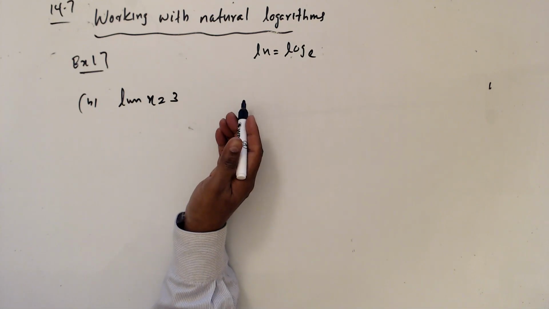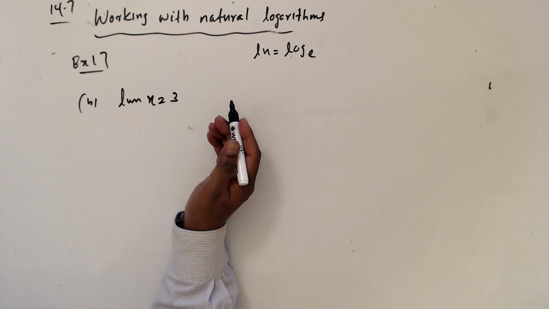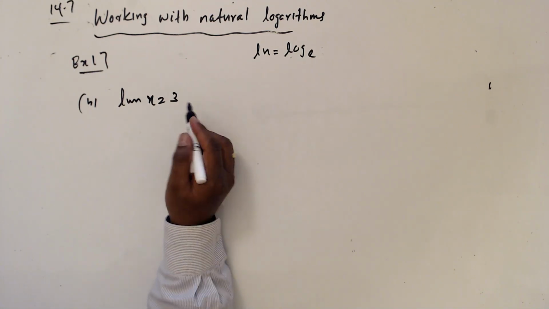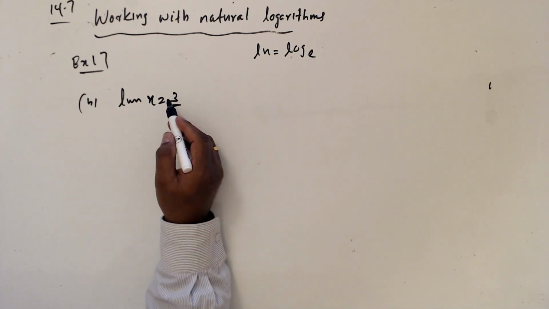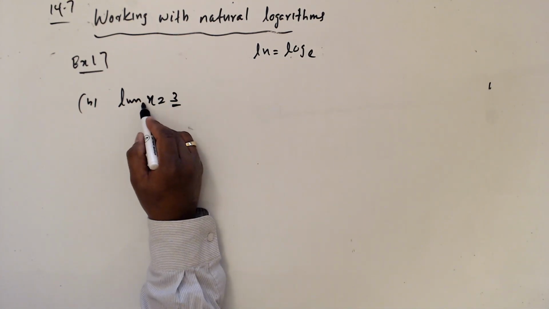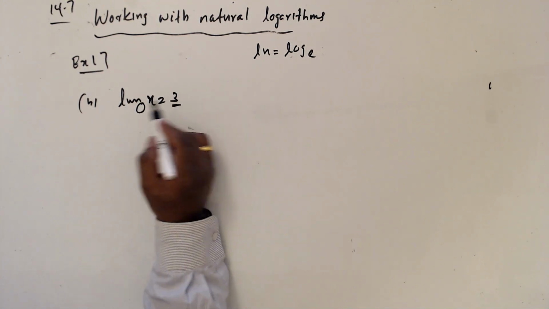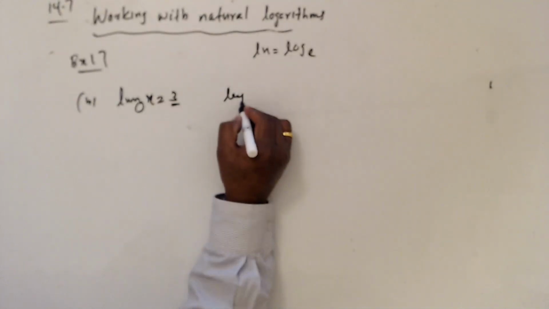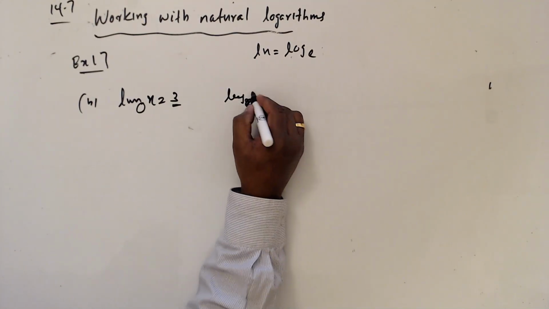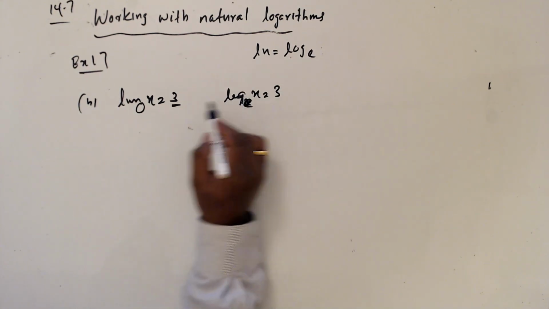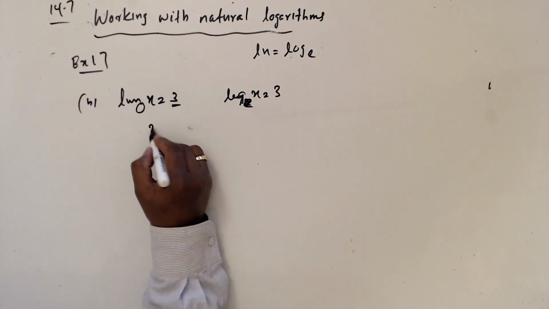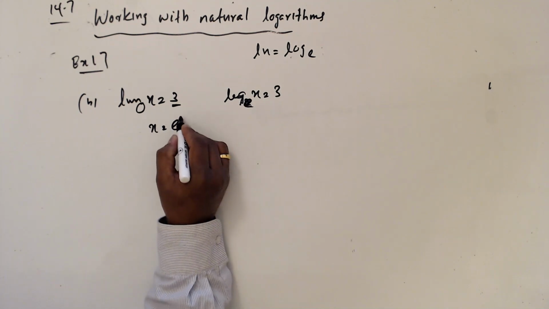Where is the power? If you can't trace this, then you can't make it. The logarithm takes the power out. So this is the power. Where is the base? Our base is hidden here, because ln means log base e. So e to the power x equals 3, so x equals e to the power 3.